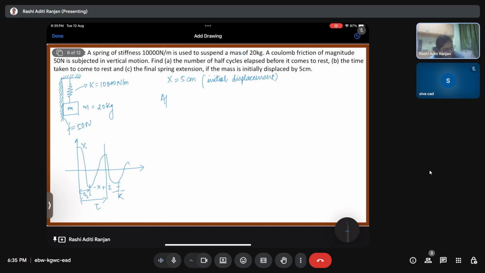So after every half cycle, the reduction is 2F by k, right? So I have to find out the number of half cycles it takes to come to rest.